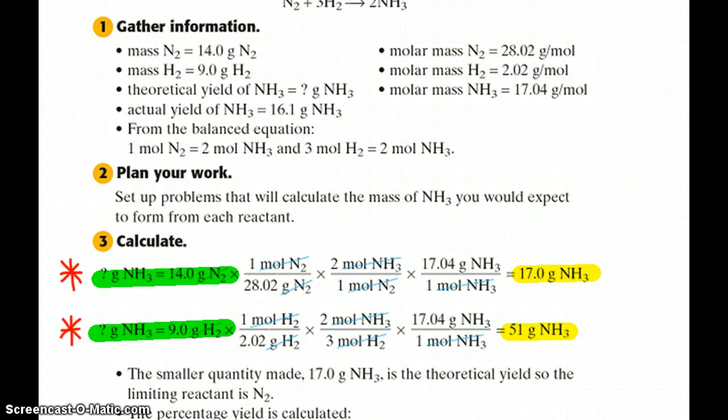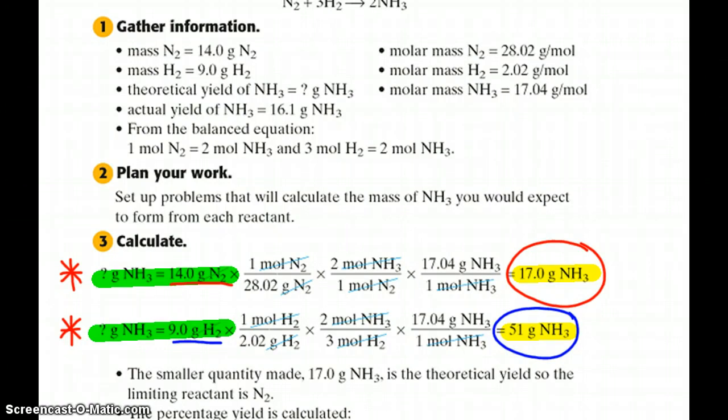So you can see, starting with my 14 grams of nitrogen, if I do the mass-mass problem, it tells me I can make 17 grams of ammonia. Well, if I start with my 9 grams of hydrogen, and I do the mass-mass problem, it says I can make 51 grams of ammonia.